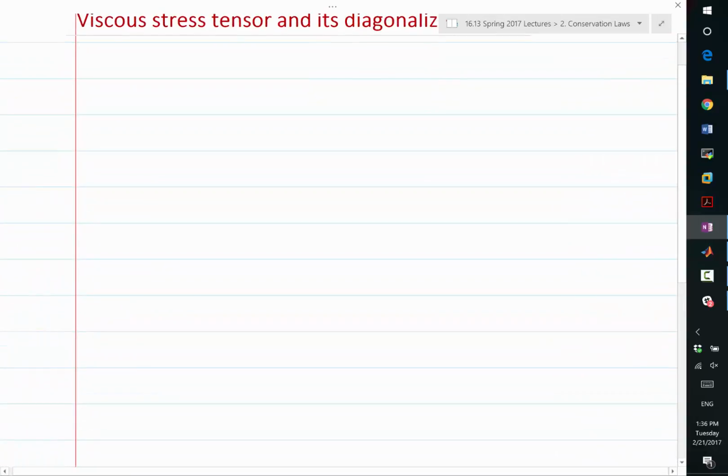So a Rankine vortex is an example we use to illustrate how the viscous stress tensor and the velocity gradient tensor work. It's basically a very idealized version of a vortex. You have a vortex here, and here we call the vortex core, in which the whole fluid just rotates as a solid body.